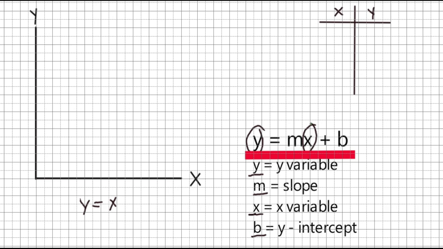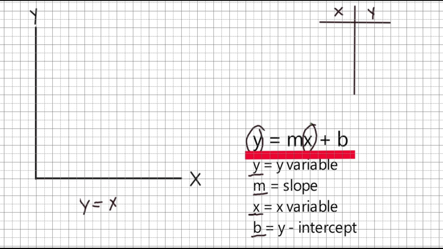And I want to go into this a little bit further here. The y in our slope-intercept form is a dependent variable. Okay, so it is dependent on the other variables, or dependent on x. X is an independent variable. X is whatever we choose.